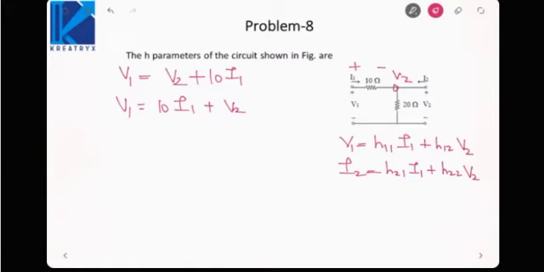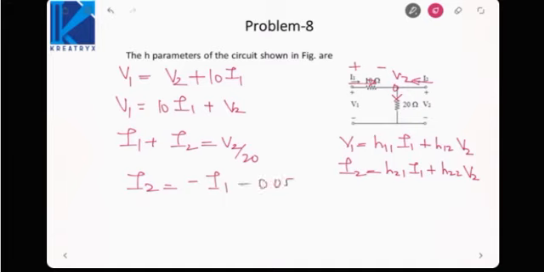Then next we need to find out I2. By KCL I can say I1 plus I2 should be equal to V2 by 20. I1 is incoming at this node, I2 is also incoming, outgoing will be V2 by 20. That is I2 is equal to minus I1 plus 0.05 V2.